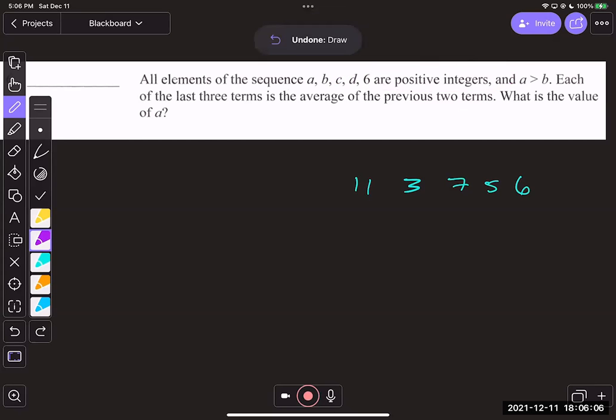You're also told in the question that all of these numbers average together to equal the next one, right? That's why we started with the 6, because starting with 6 means that we actually know what this results in. So that gives us a little bit of an idea on where to go. So that's the idea here.